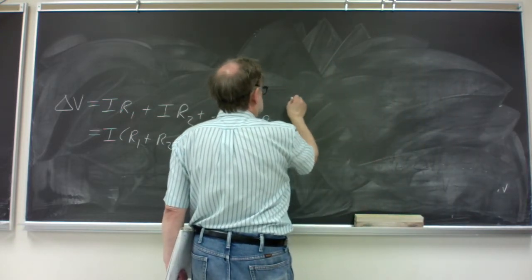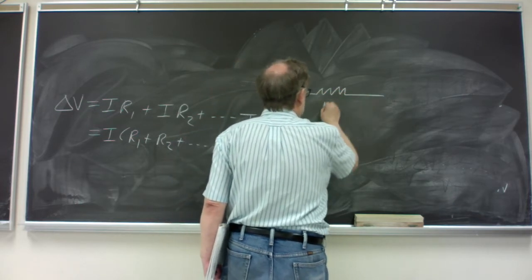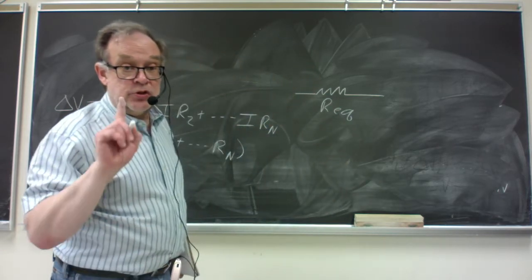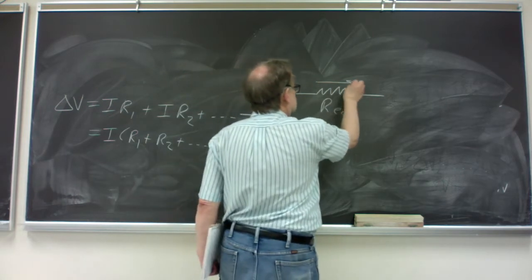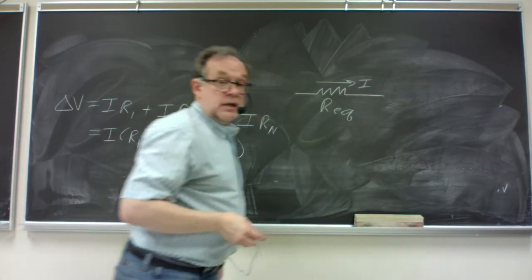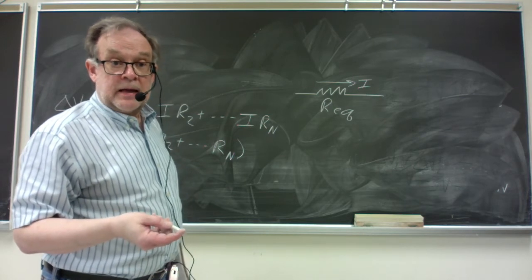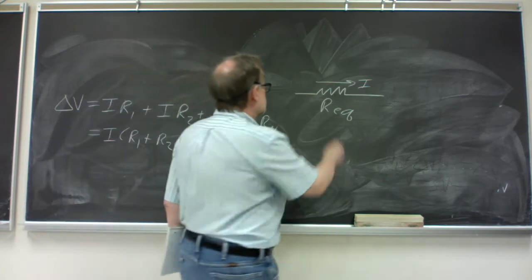So all this is equivalent to just one imaginary resistance with just the right amount of resistance, but equivalent in the sense that you've got the same current flowing and the same potential change pushing that current.